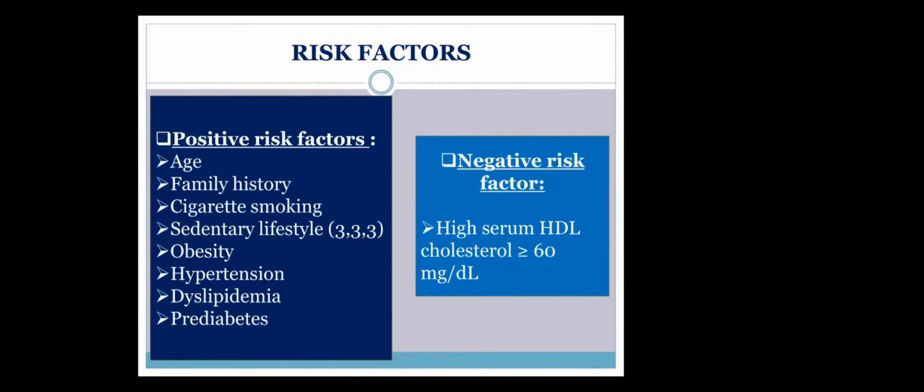Any family history of cardiac diseases, cigarette smoking, sedentary lifestyle, obesity, hypertension, dyslipidemia, and pre-diabetic range. So all these are positive risk factors. Negative risk factor includes serum HDL cholesterol, that is the good cholesterol, of more than 60 mg per dL. So if the patient has this negative risk factor, you can subtract one from the positive risk factors.